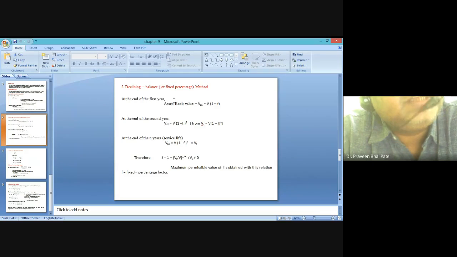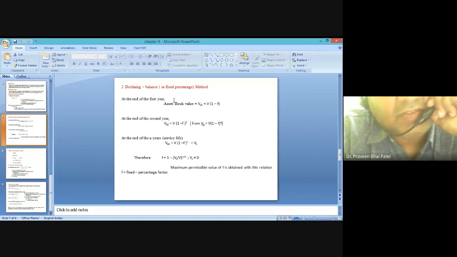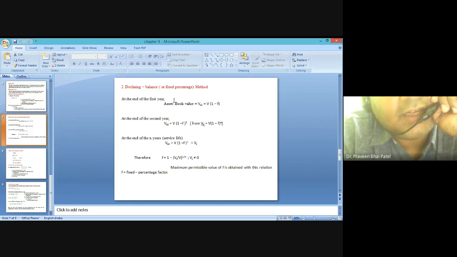F = 1 - (Vs/V)^(1/n). Vs is the salvage value, V is the original value, and n is the service life period of that particular asset, and salvage value is never zero. So in declining balance or fixed percentage balance, we have the advantage that our salvage value will never be zero.